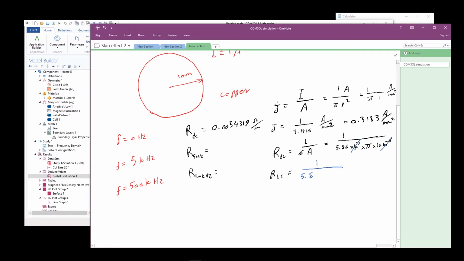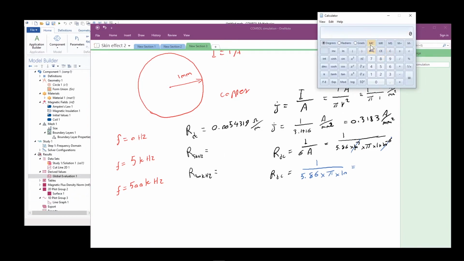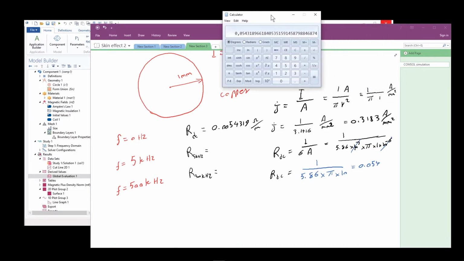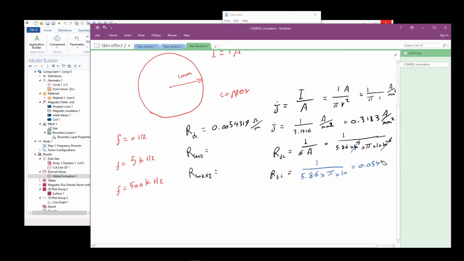So it's 5.86 times pi times 10, which will be equal to, if I do the calculation here, 1 divided by 5.86 divided by pi is equal this much, and another 10, another 0 will come there. So basically we have 0.05 and then 4, 3, 1. Okay, I missed another 10 because there is also another 10 here.